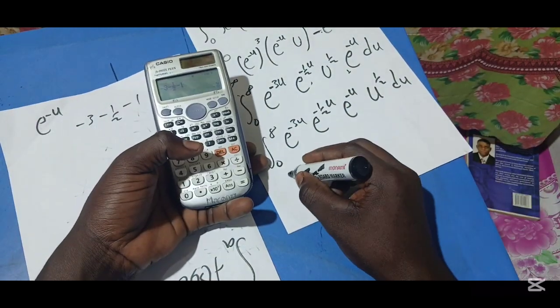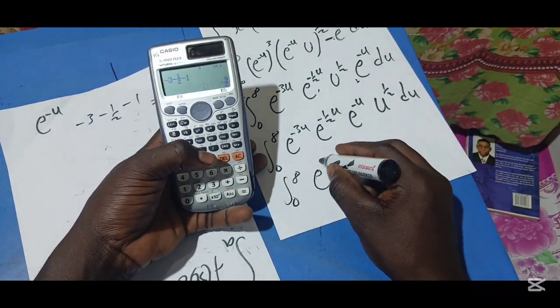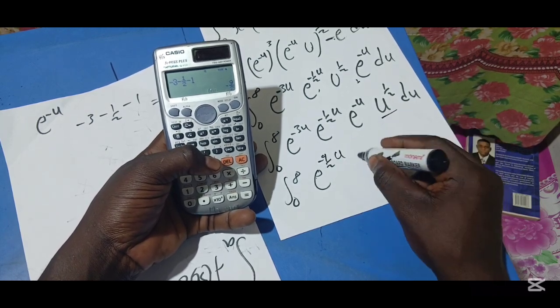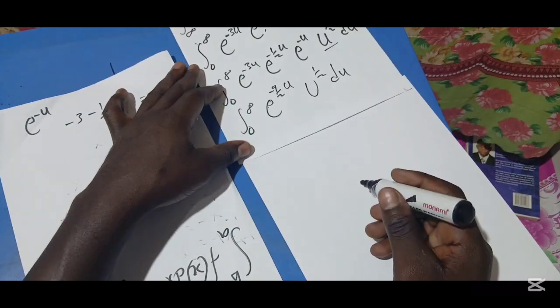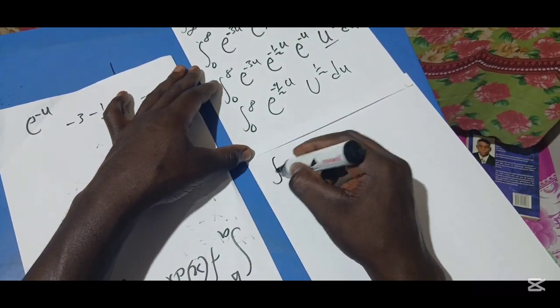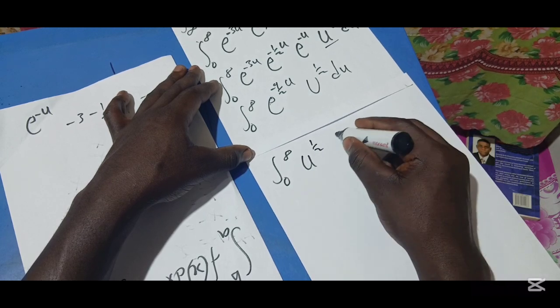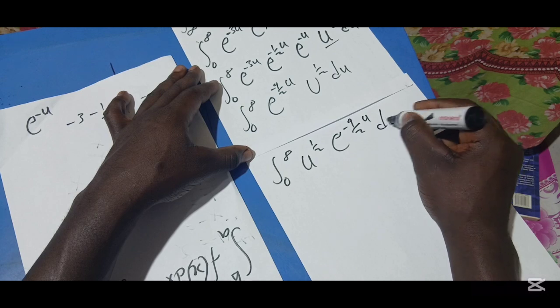So all my e terms give me the integral from 0 to infinity of e to the power minus 9 on 2u. Then I'll bring my u term, u to the power half, du. Rewriting this, I get the integral from 0 to infinity of u to the power half e to the power minus 9 on 2u du.